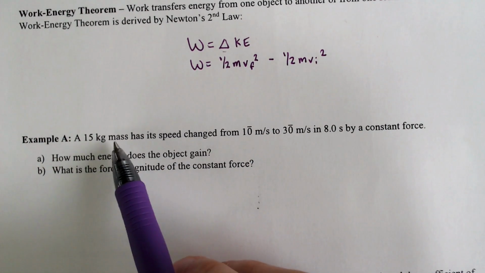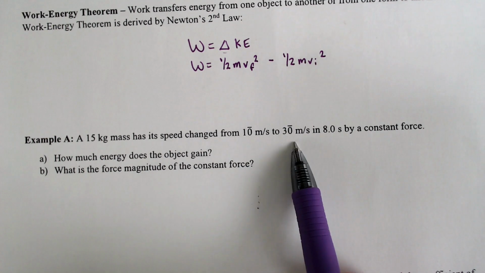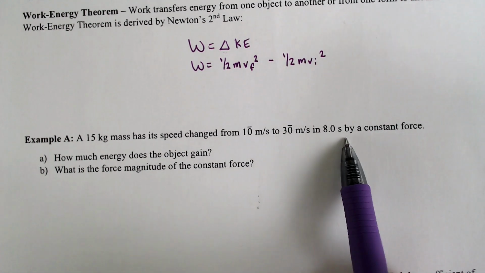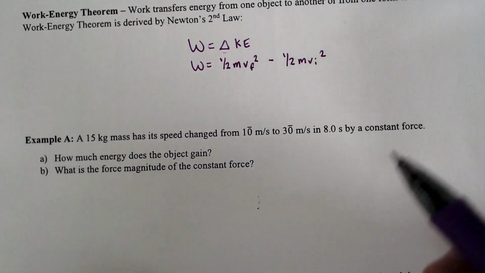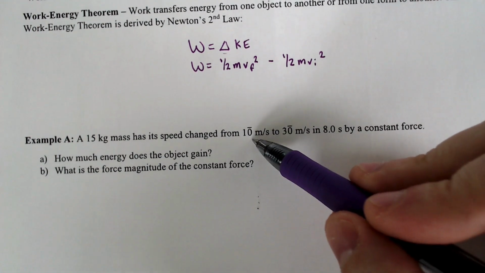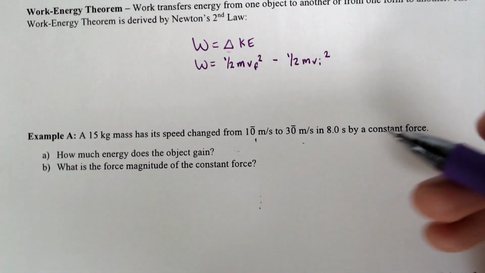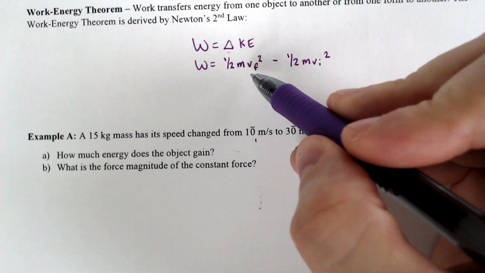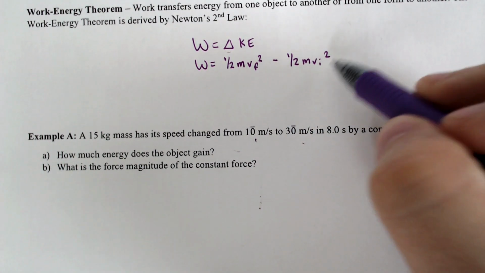So a 15 kilogram mass has a speed changing from 10 meters per second to 30 meters per second in 8 seconds by a constant force. Okay, so let's find out the work that this gained, because it went from a slow velocity to a faster velocity. So we are going to use 1/2 mv final squared minus 1/2 mv initial squared.